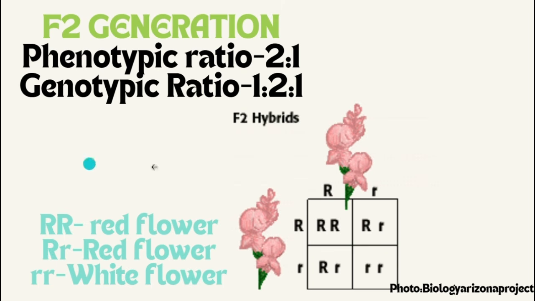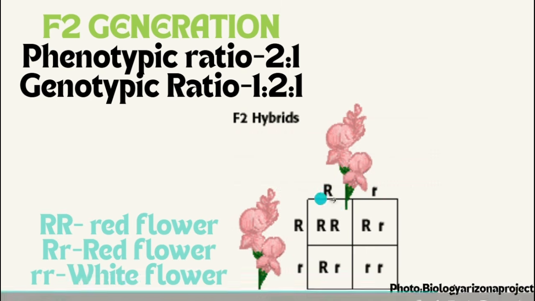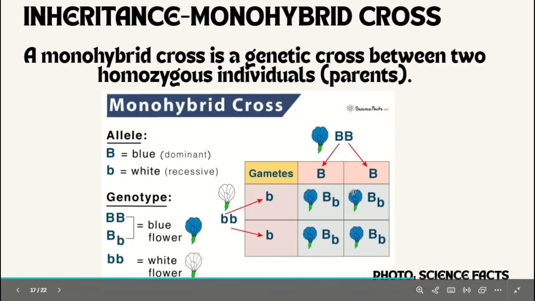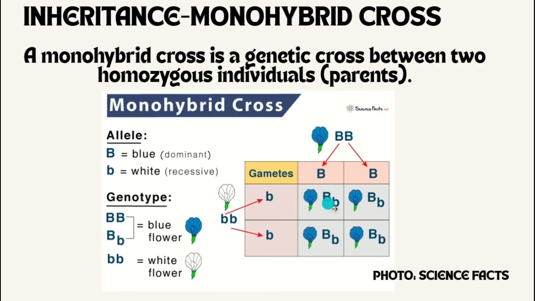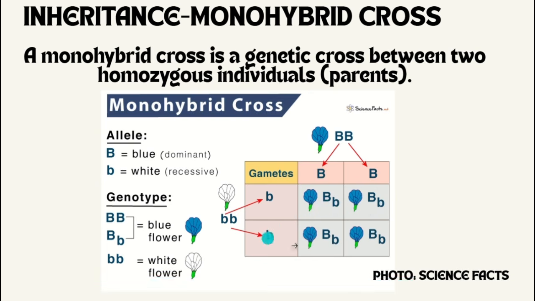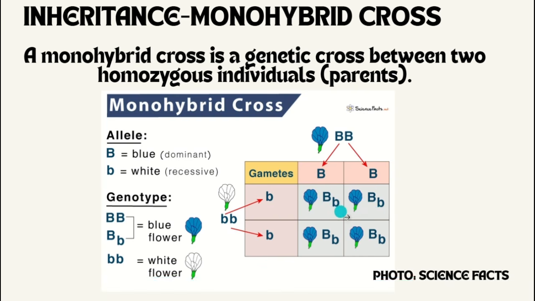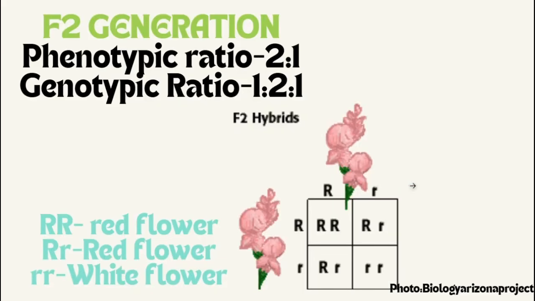Now we're using a different example. What's happening here is we have two heterozygous individuals, and all of these individuals are heterozygous because they have two different alleles. Usually at the end of the F1 generation, you're going to get heterozygous.